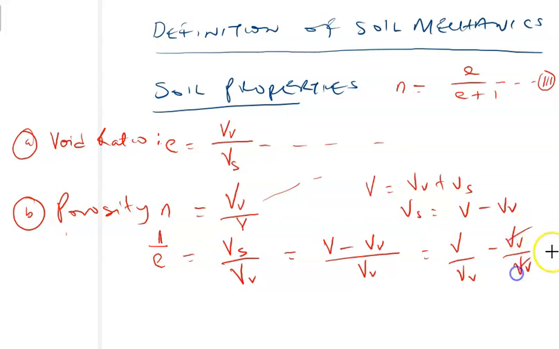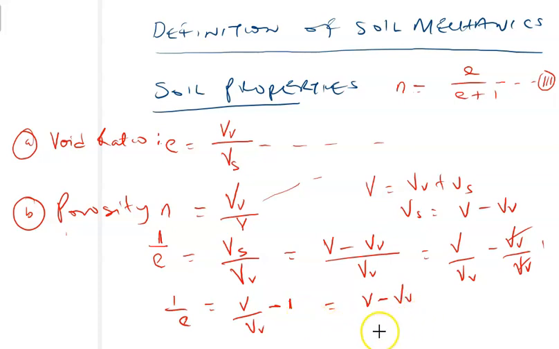So this cancels this to give us 1, and we'll have 1 over E is equal to V over VV minus 1.